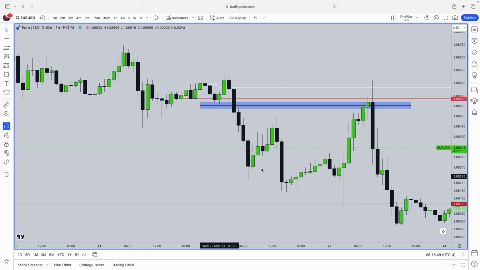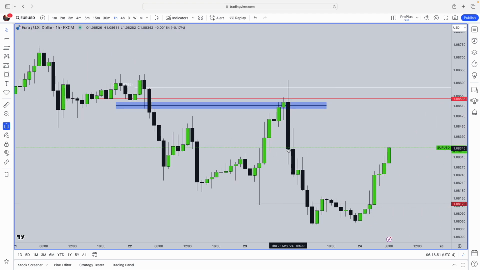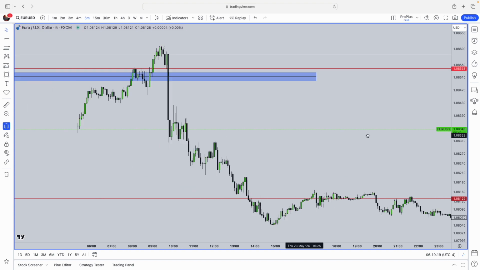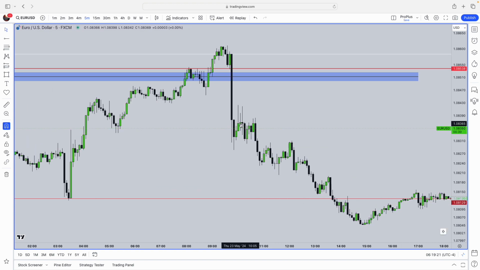So once I see that hourly candle here, I've seen the consequent encroachment of that 4 hour wick, order block here, you even get the mean threshold of the order block, rejects the mean threshold, 4 hour SIBI, look at the bodies, pulls lower, it's taken out this buy side here. So that's when I'll be going short. So 10 AM I'll be looking for shorts. So 10 AM is here.